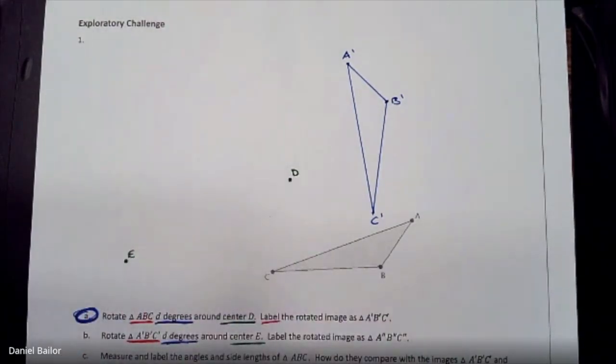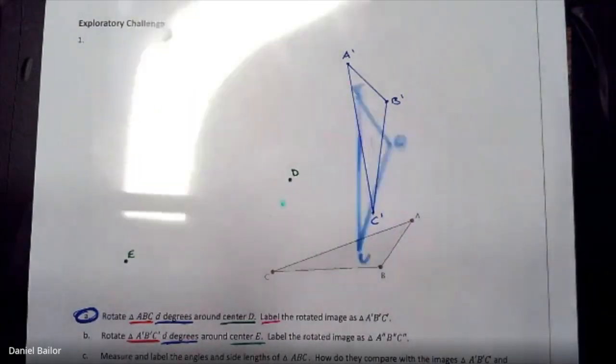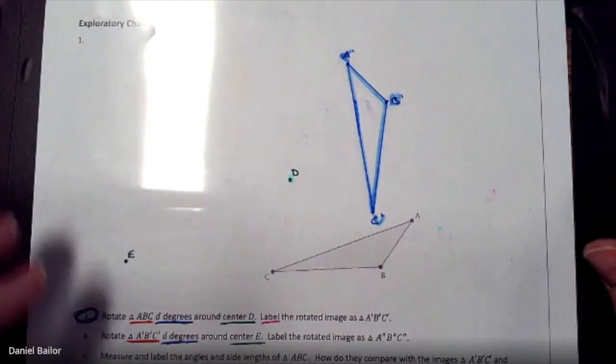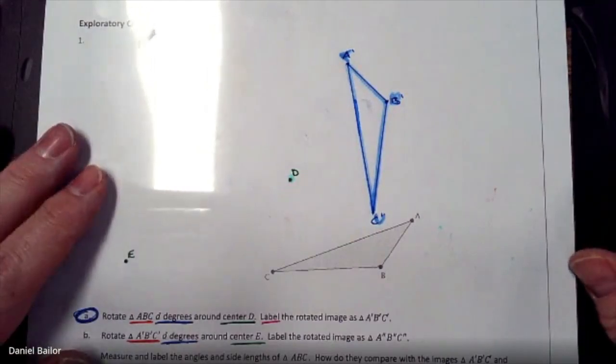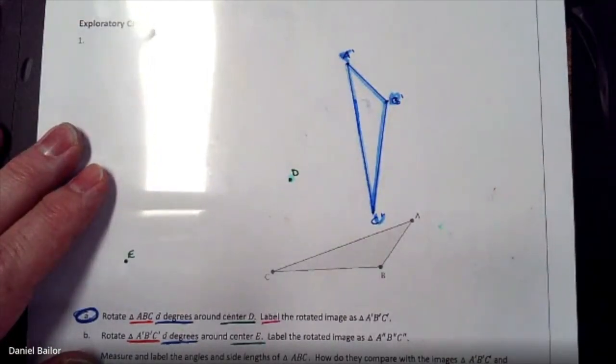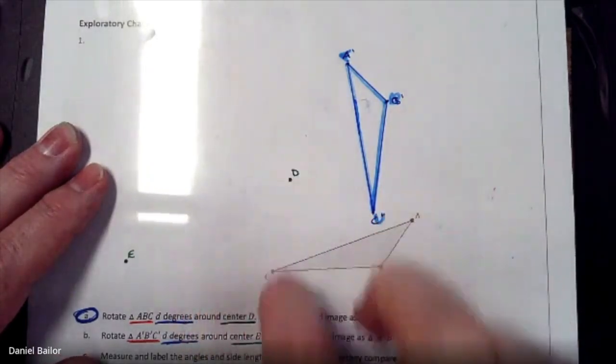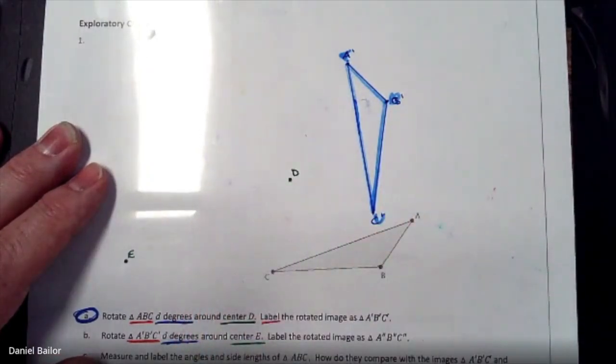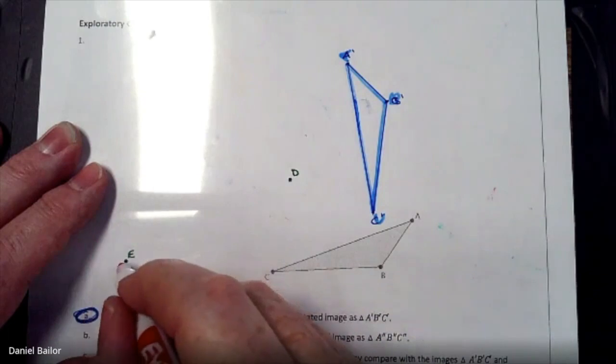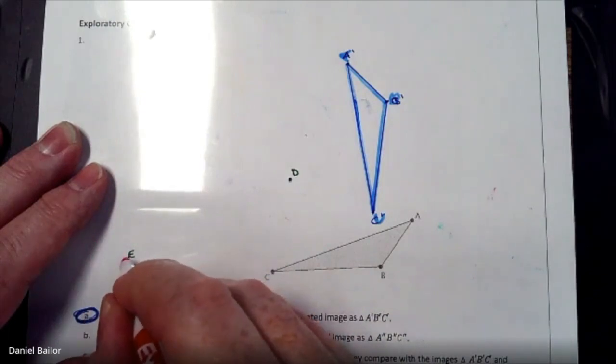I'm done with D. So let's put my transparency back up here. See, I still have the triangle on my transparency, so I'm going to keep it there. But I don't need D anymore. I'm going to use E right here.